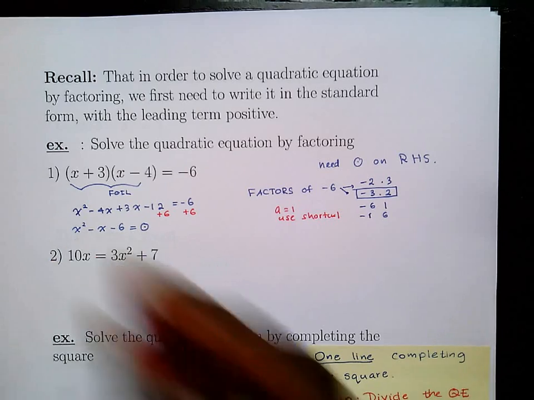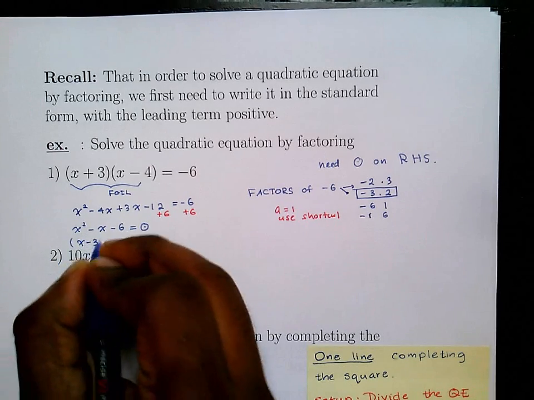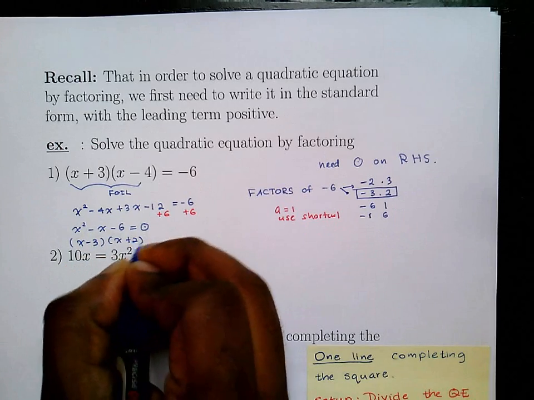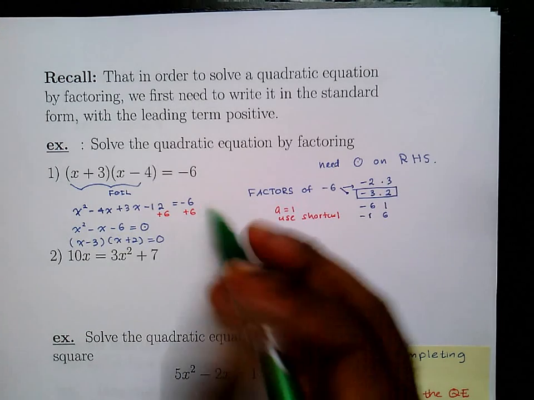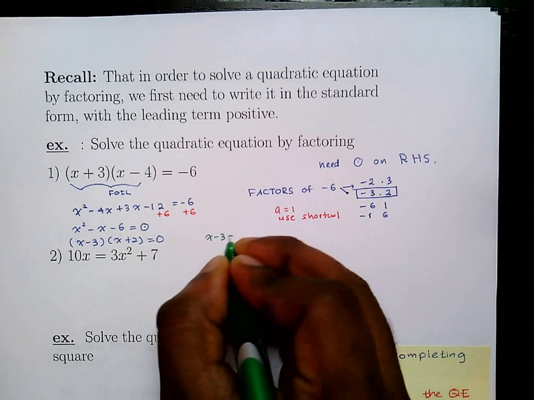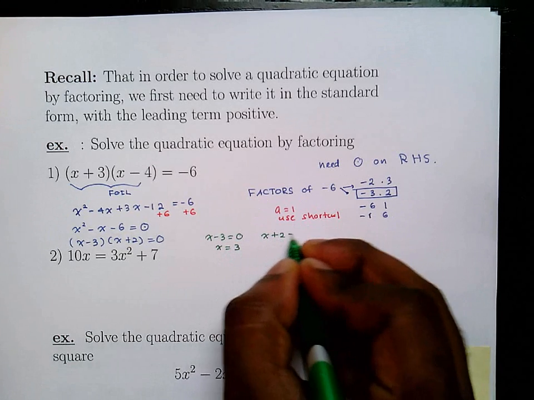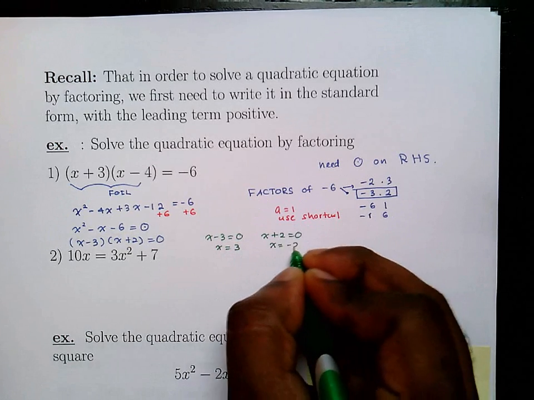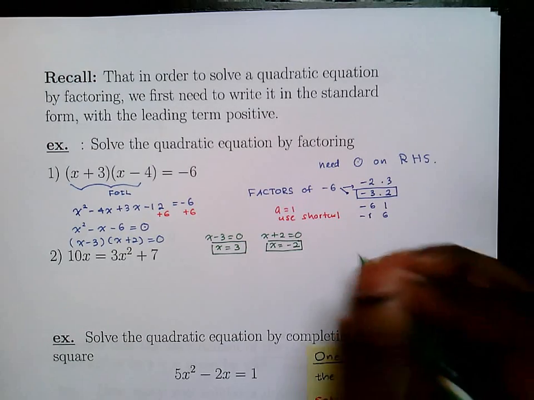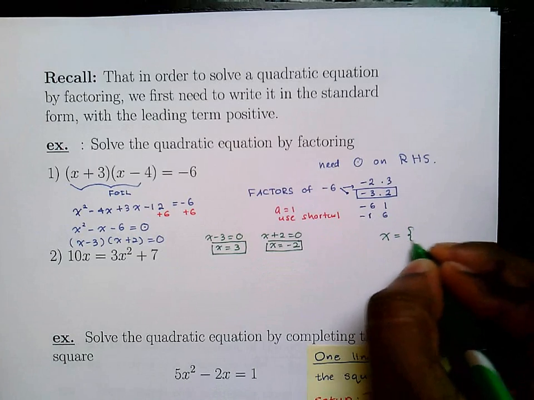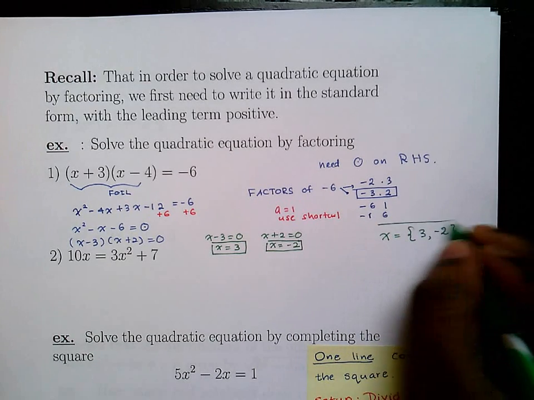So you get just right here the factors x minus 3, x plus 2 equals 0. So the answers you get: x minus 3 is 0, that would give you x equals 3, x plus 2 equals 0, that will give you x equals negative 2. So the answer set is x equals 3 and negative 2.